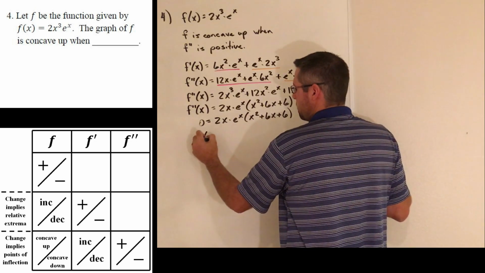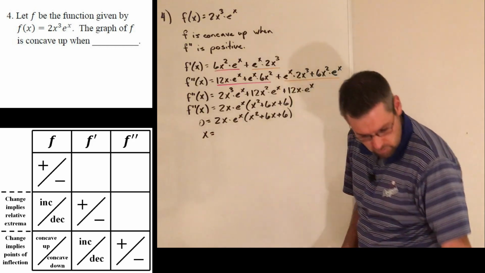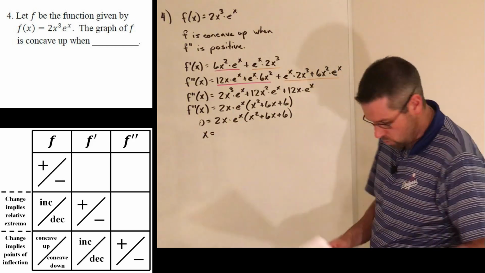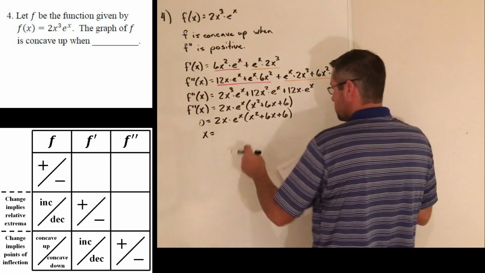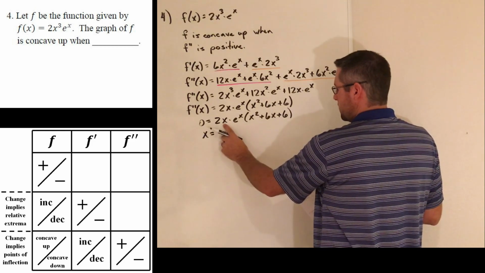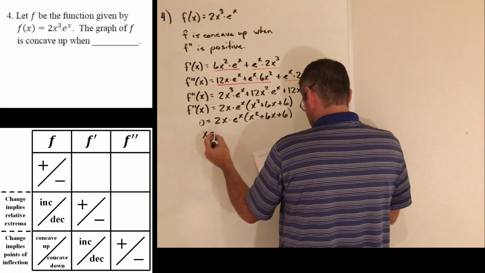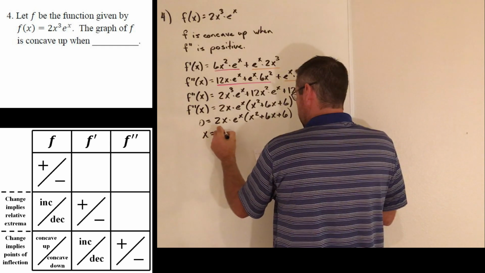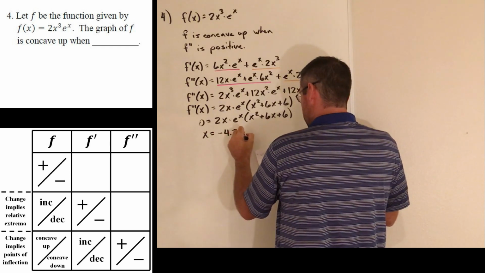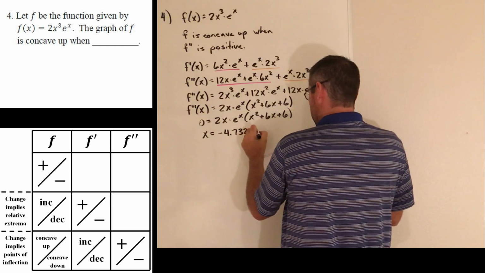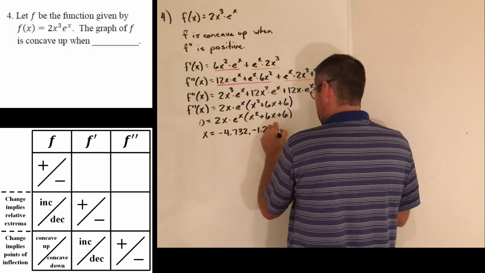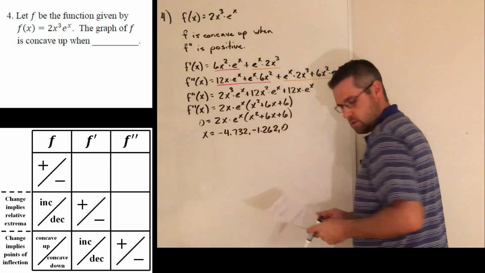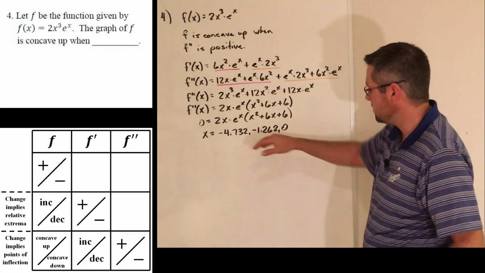But the bottom line is we have 3 zeros. The first zero you can see right here is 0, and the other ones were negative 4.732 and negative 1.268. And then of course we have x equals 0. So those are my 3 zeros.